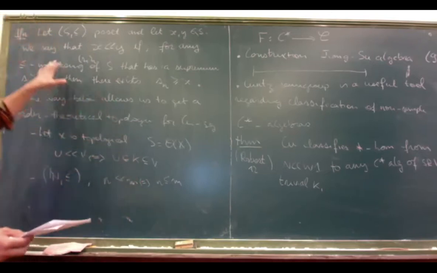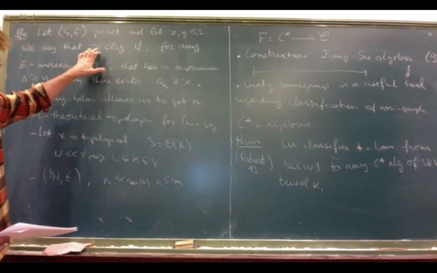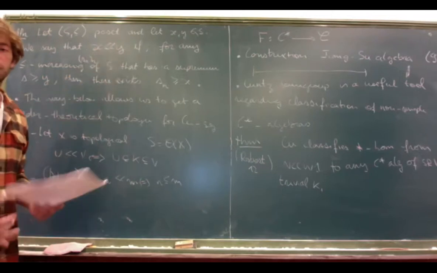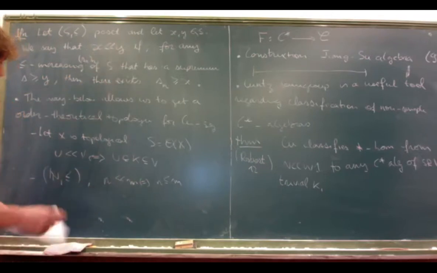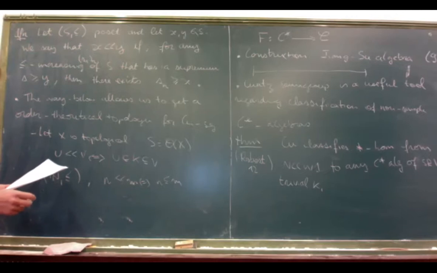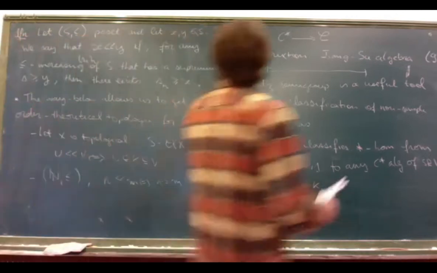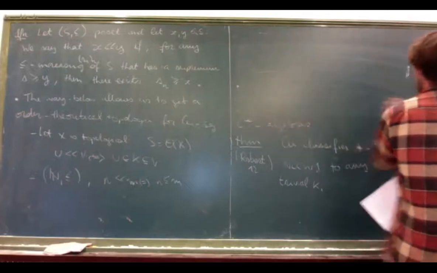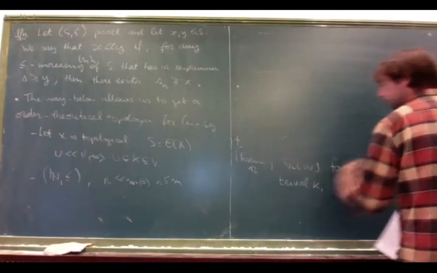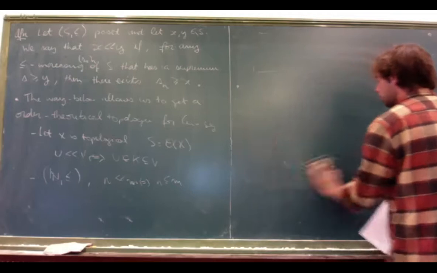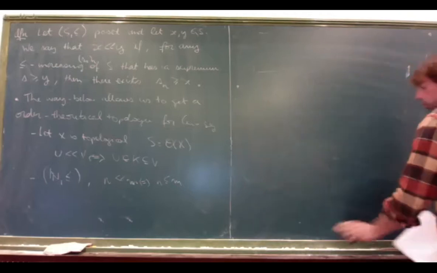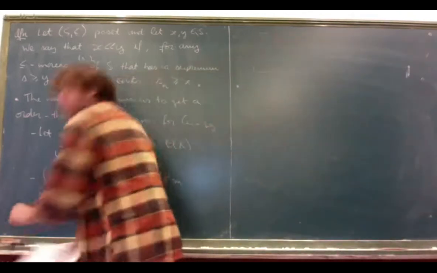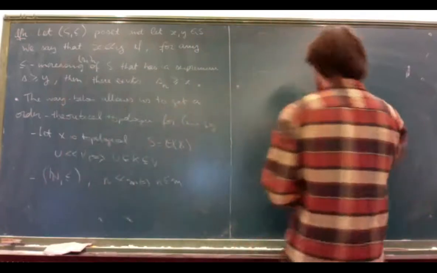So when x is way below itself, we call this element a compact element, okay? So now that we have this definition of the way below relation, we're able to define and describe the Cuntz category, okay?